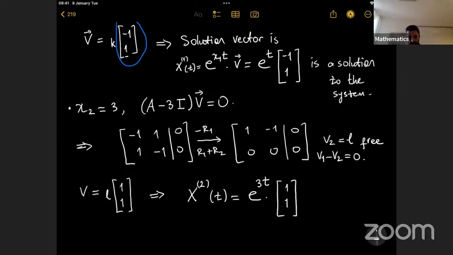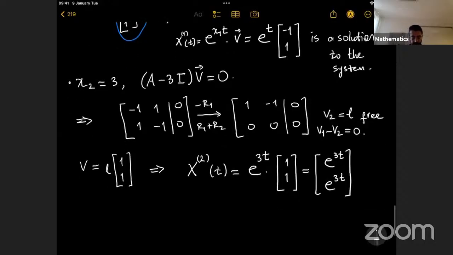Well, you can write it like this: e to the 3t, e to the 3t, okay? Is another solution to the system.